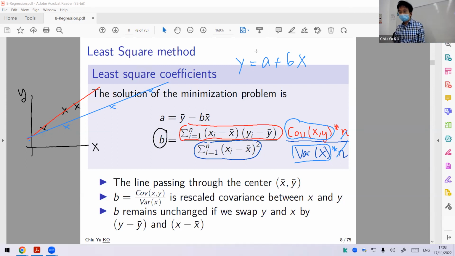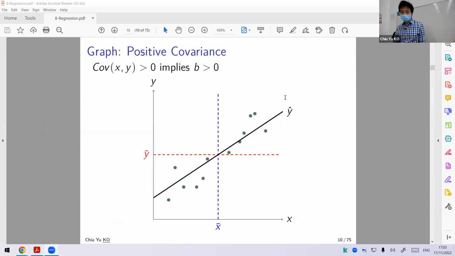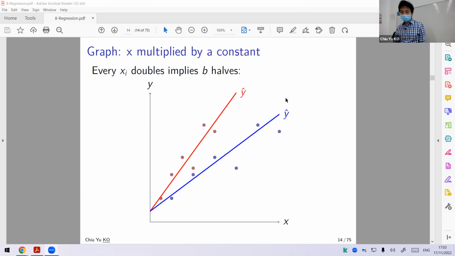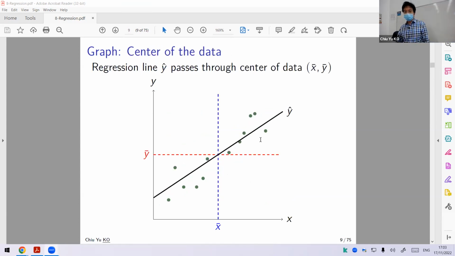Do I have the graph to show? Okay, this is a good one. So if you multiply x to double, your b will get halved. Why? Look at the formula here.